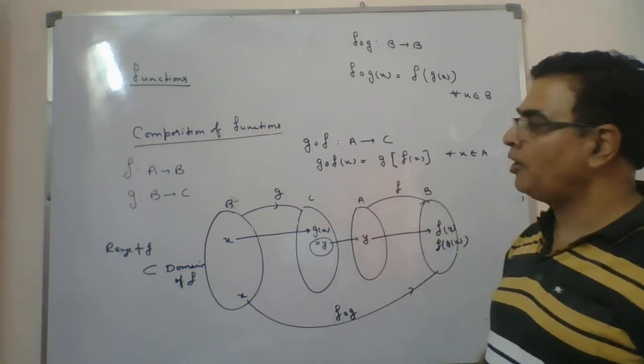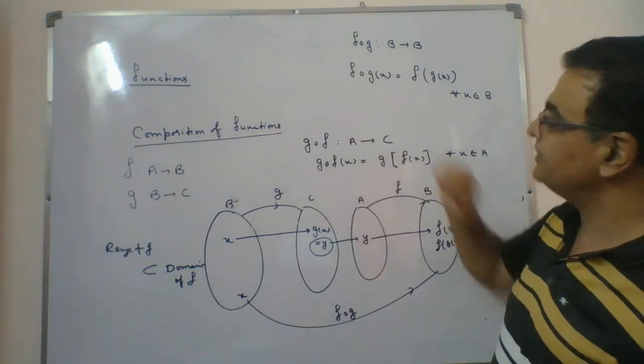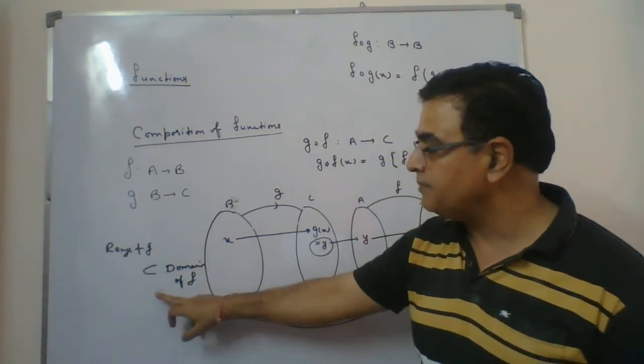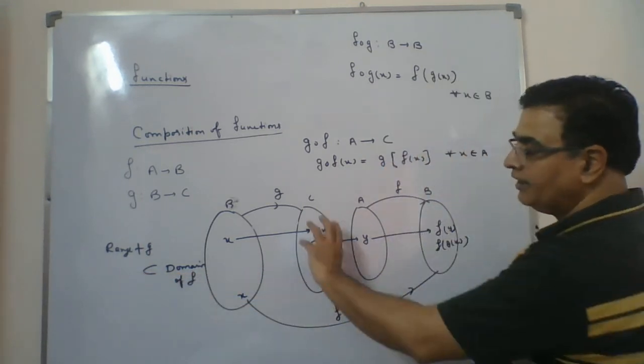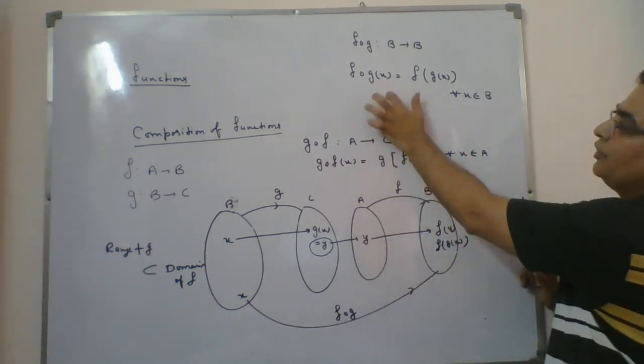In this case, the problem was not there because this was the common element. But when you think about f composite g, range of g must be a subset of domain of f, meaning all the range elements must be here. Then we will say yes, fog will exist.